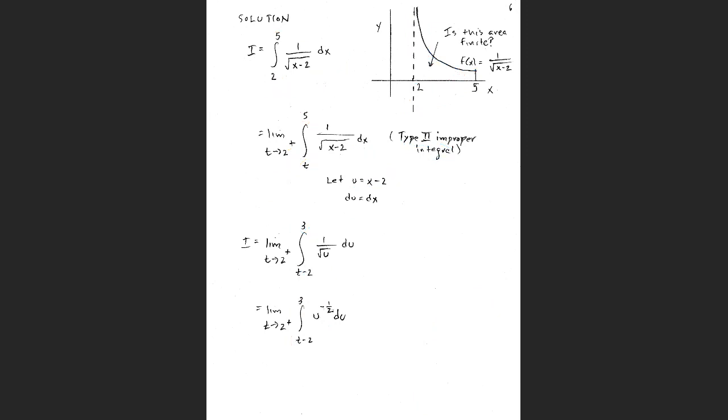And so, let's keep going. There's my antiderivative, 2 times u to the half power. And I'm going to substitute in the 3 and the t minus 2. And that's what I do here. Now at this point, I can put an extra step in. Now I'm going to take the limit.